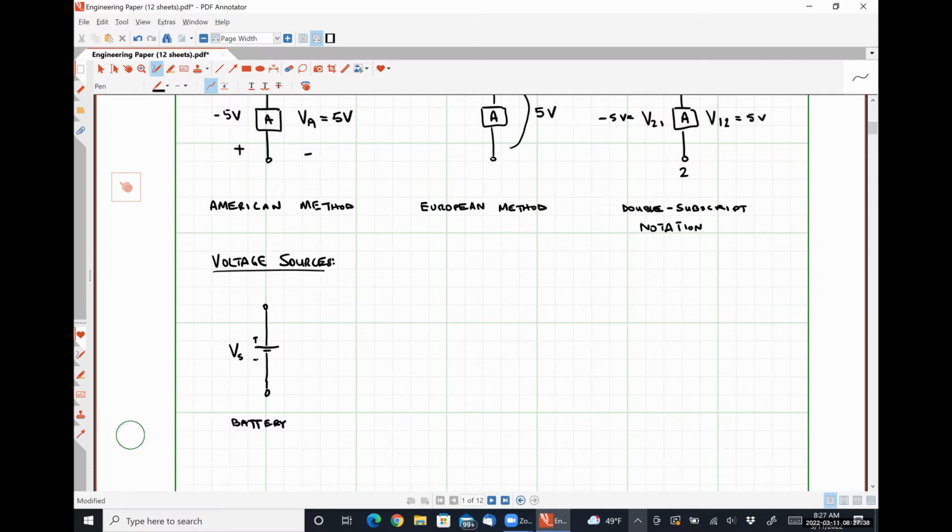This is the symbol that was used to generate voltages in practically every circuit that you dealt with in your engineering 120 series. My preference is to use this representation. This is a generic DC voltage source.